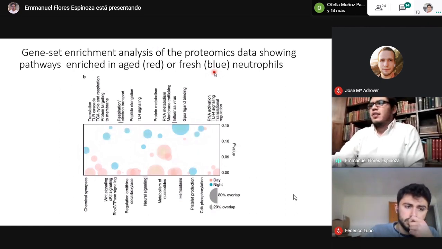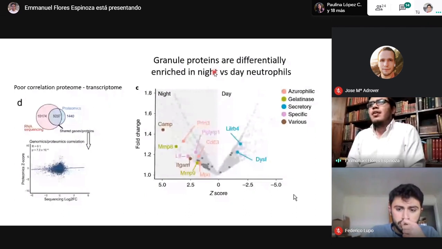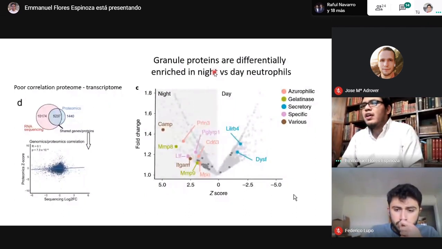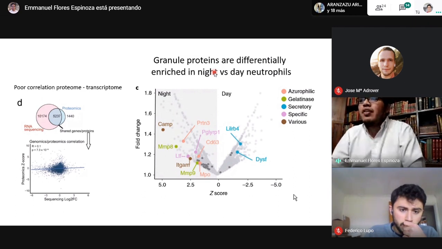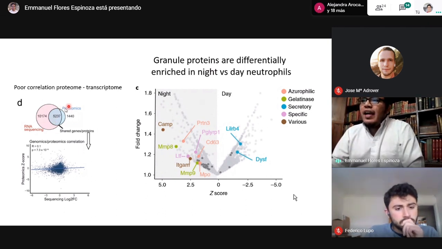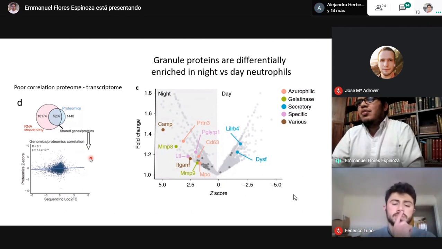Then they want to know if this proteomic data set, this profile of proteins present in these different populations of neutrophils, has a relationship with the transcriptome. For this they compare the proteomic data set to the RNA sequencing data, and they show that there is no correlation between these two data sets.